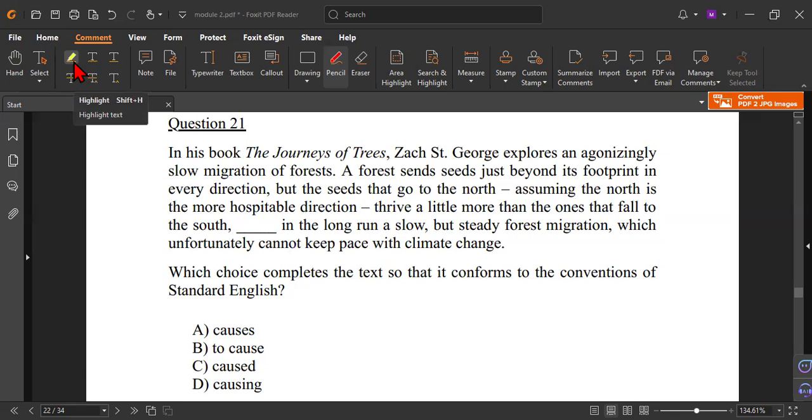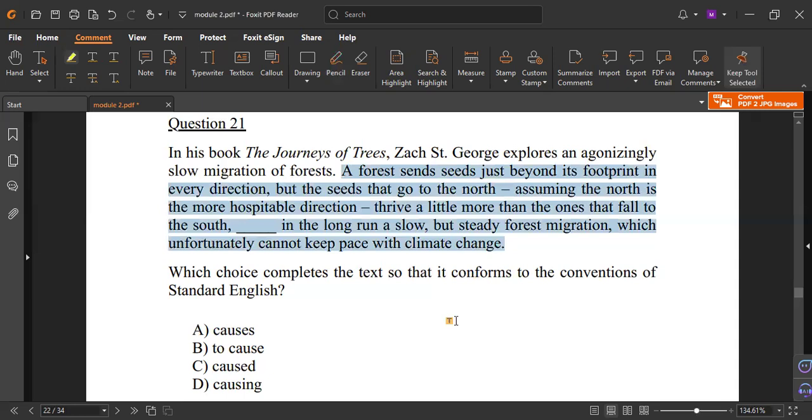So where is the sentence of your question from the beginning to the end? Remember, I mean from full stop to full stop. Now let's see, is it a complex sentence, complex compound, or what is it? A forest sends seeds just beyond its footprint in every direction, but, so it's a compound sentence.